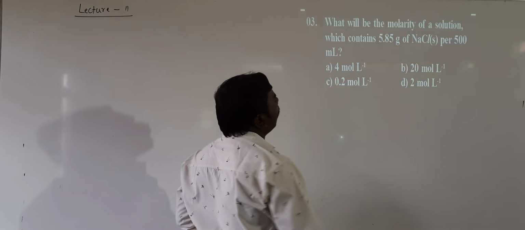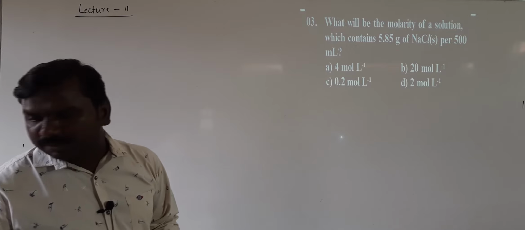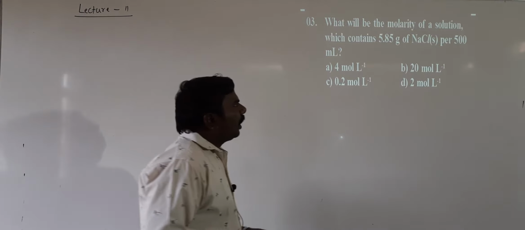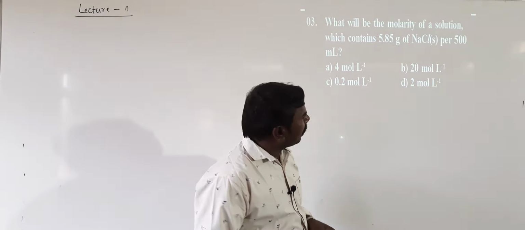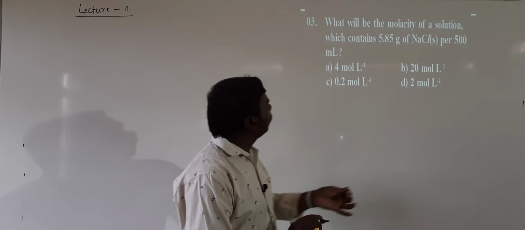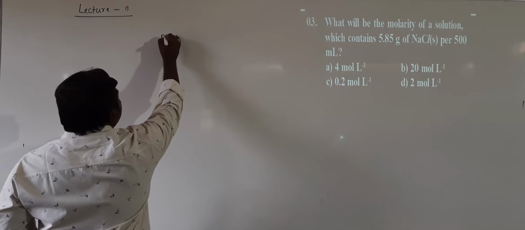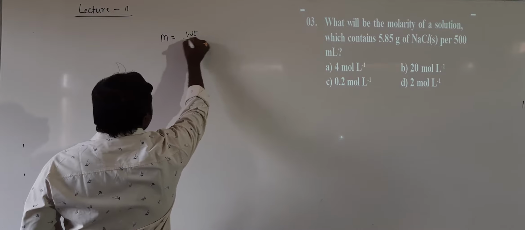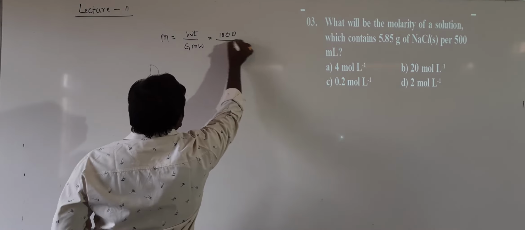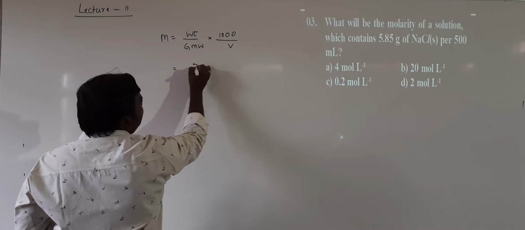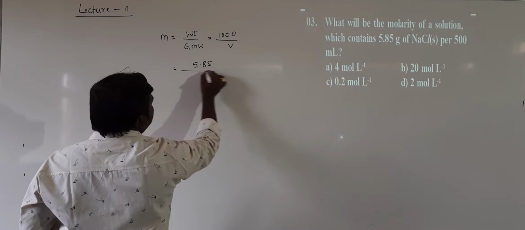What will be the molarity of a solution which contains 5.85 grams of NaCl present in 500 ml of solution? Molarity formula is weight by gram molecular weight into 1000 by volume. Weight equal to 5.85.